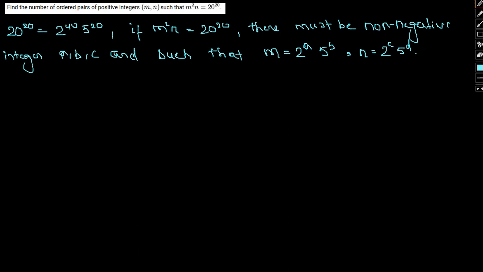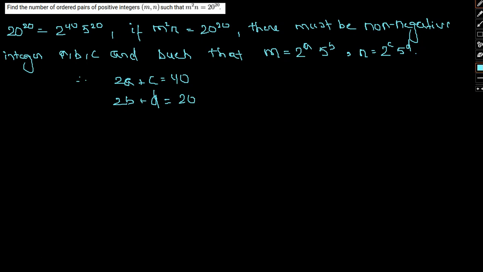Okay, so here we can write as far as the power of 2 is concerned, twice a, because m is squared here, twice a plus c equal to 40, and twice b, again twice b because m is squared, plus d equal to 20.